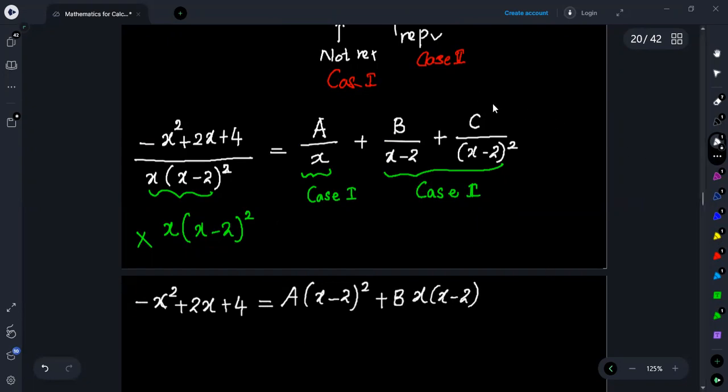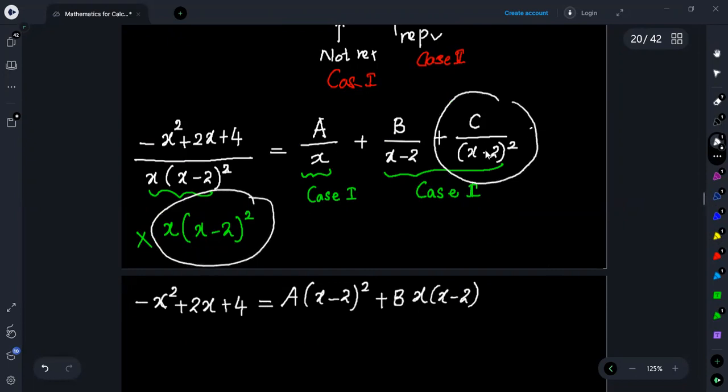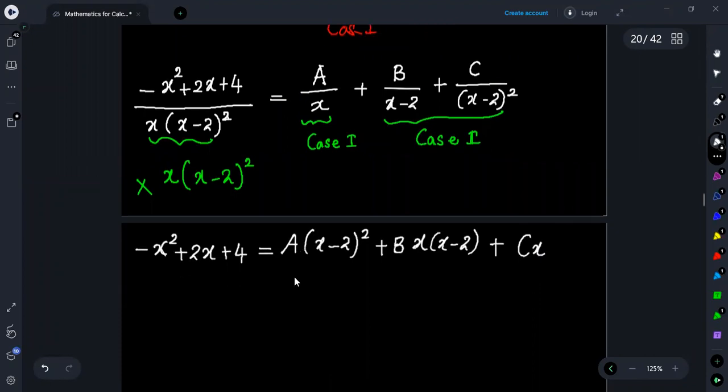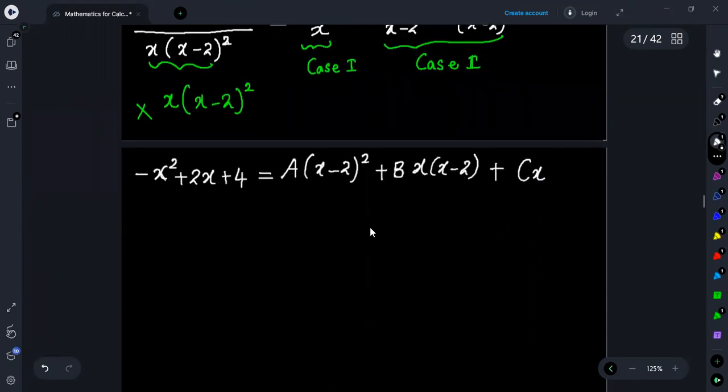And then as the last part, we multiply this by this, and this entire thing cancels out. The remaining is C times x. So we can write Cx. Once you have obtained this expression, you can substitute some values for x. With that, we can obtain the values of A, B and C by solving a set of simultaneous equations.